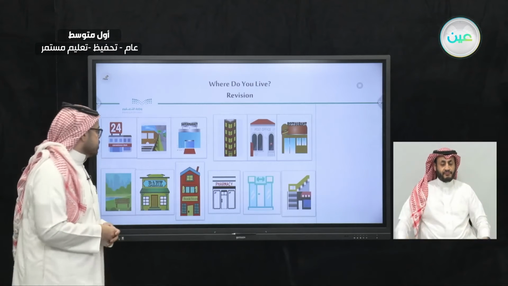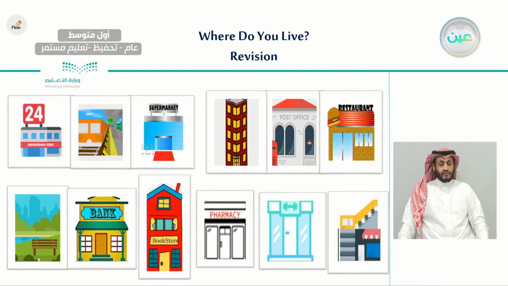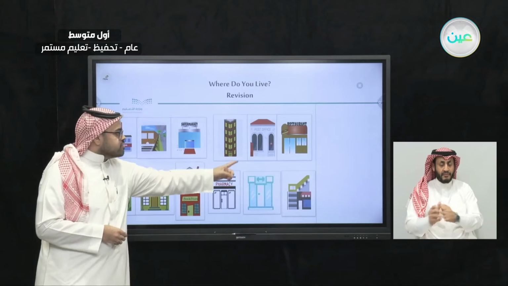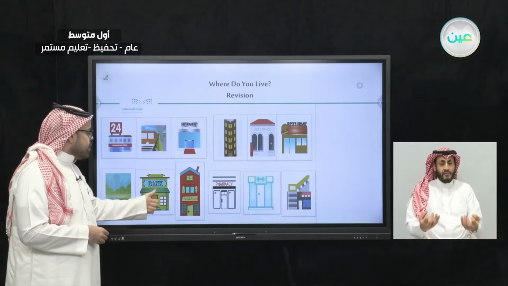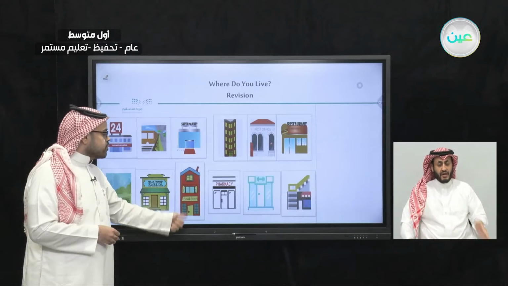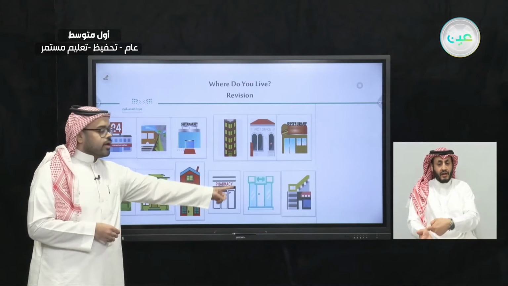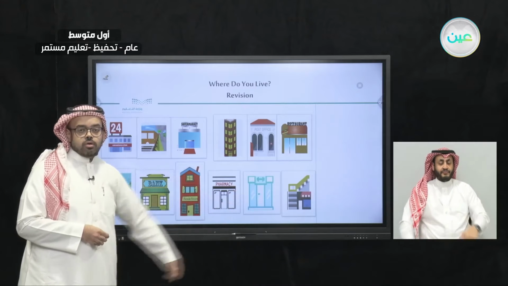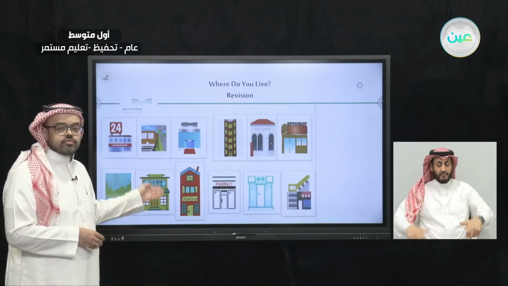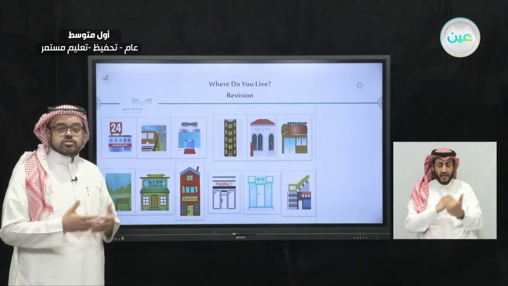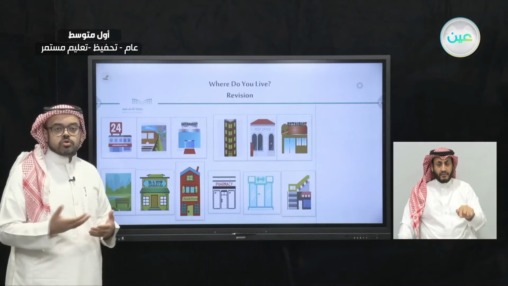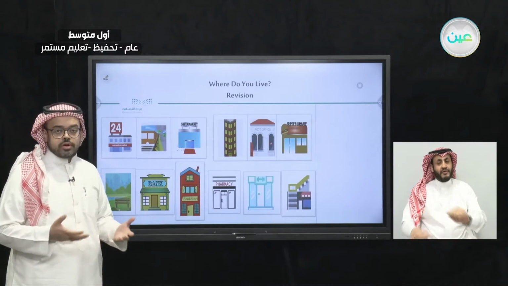For example, we have learned a convenience store, a subway station, a supermarket, an apartment building, a post office, a restaurant, a park, a bank, a bookstore, a pharmacy, a health club, and a mall. So these 12 different places, we have learned them last time, and we asked questions about whether our neighborhood has those places or not.